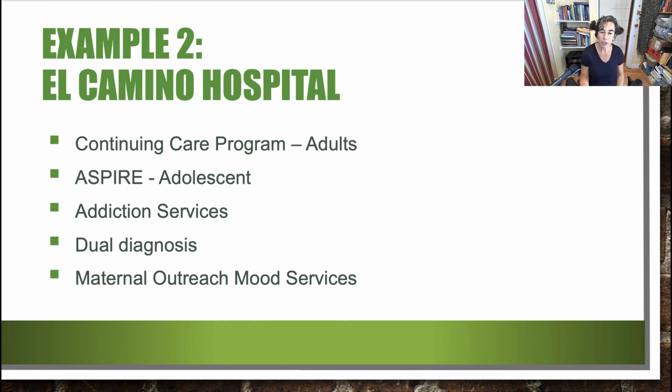They offer addiction services, services for dual diagnoses, so that is drug or alcohol dependence along with another mental health diagnosis, and maternal outreach mood services. So for moms that need some extra help, either prenatally, perinatally, or those with children.